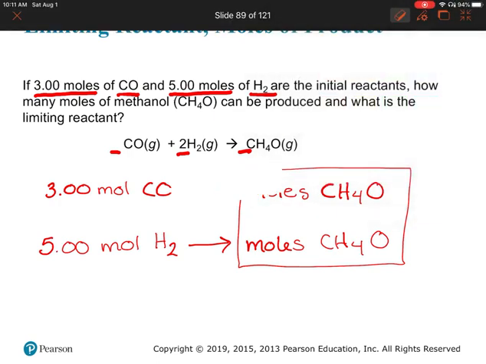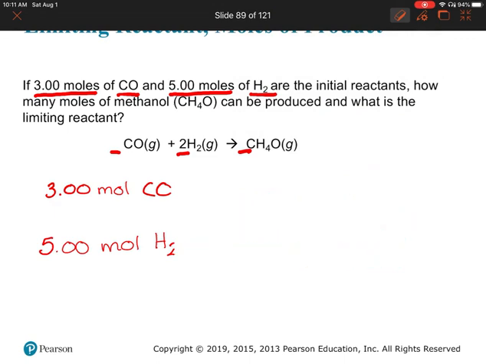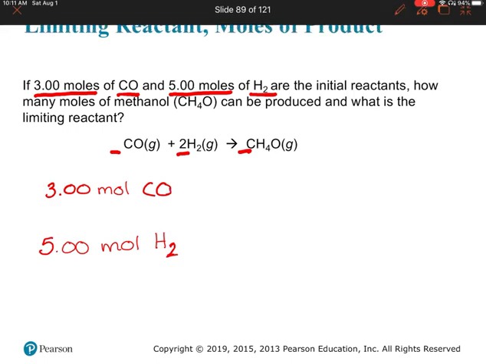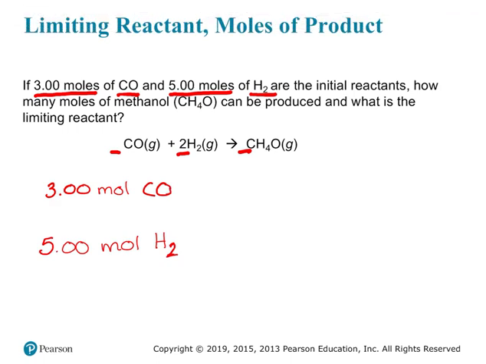Okay, so let me erase this and we'll actually do that conversion. All right, so we're just going to use molar ratios for this problem. So we'll set up both of these here. Okay, so let's look at our first conversion factor for carbon monoxide. We want to figure out how many moles of methanol we're going to form if all of the carbon monoxide reacts. Okay, so we're going to try to cancel moles of carbon monoxide.